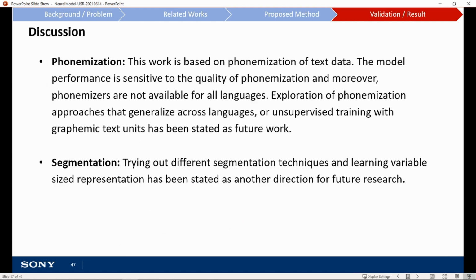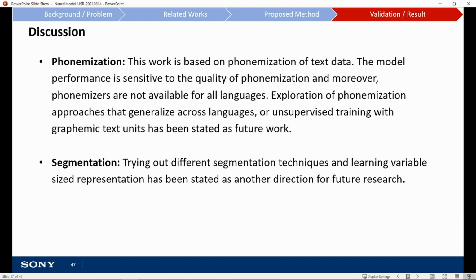In the discussion, the authors state two lines of future research. One is that this work is based on phonemization of text data, and the model performance is very sensitive to the quality of phonemization, and phonemizers are not available for all languages.